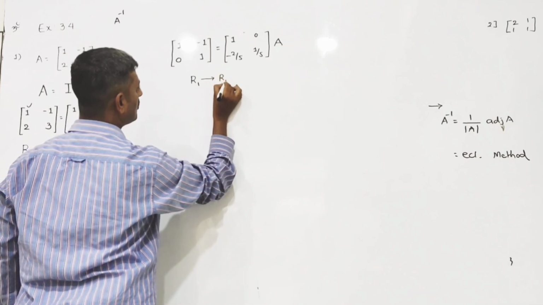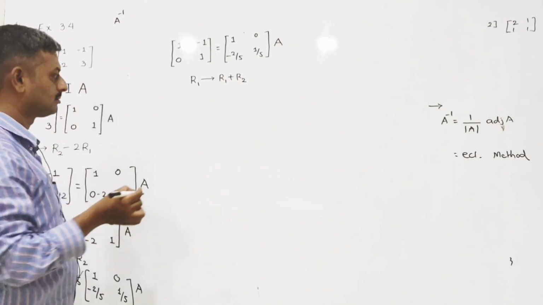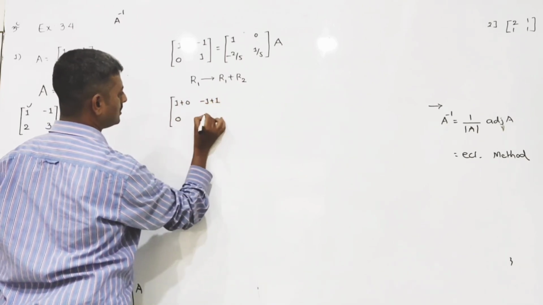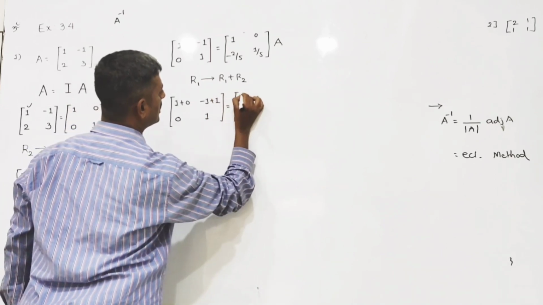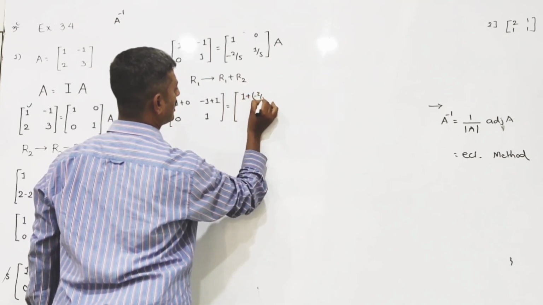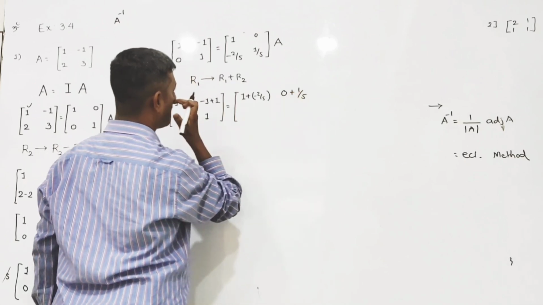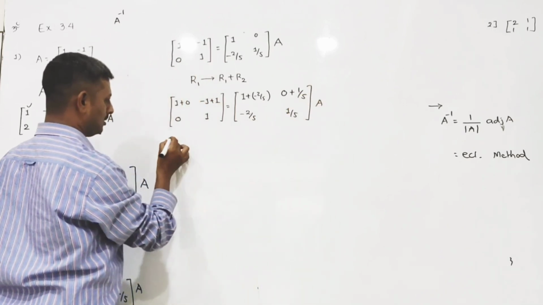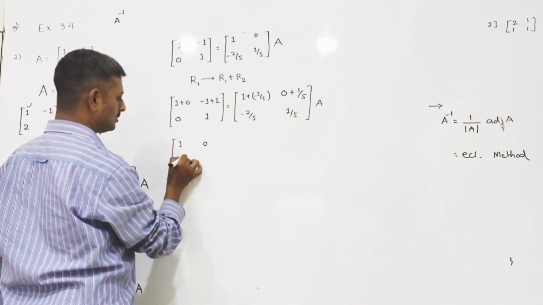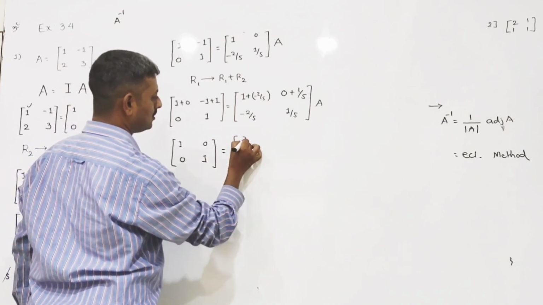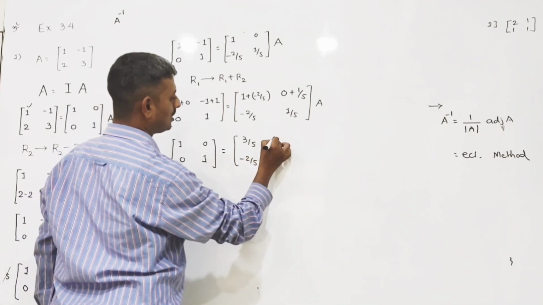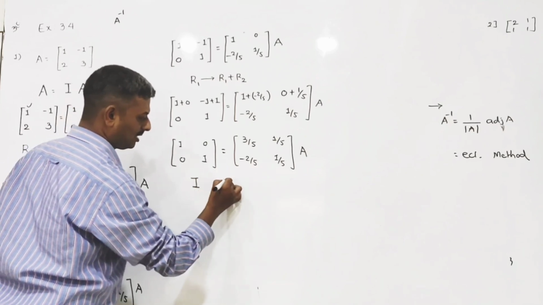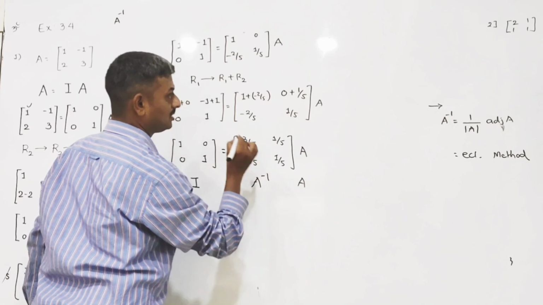In row 1, I am going to add row 2, minus 2 times row 2. This becomes [1, 0; 0, 1] is equal to [3/5, -2/5; -2/5, 1/5] into A.